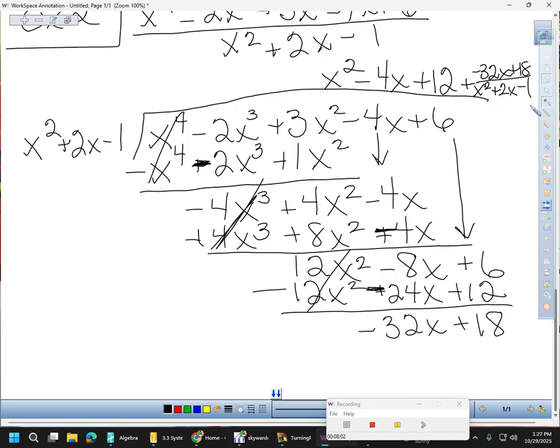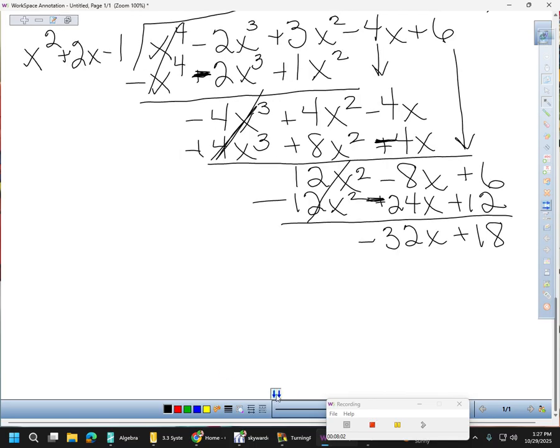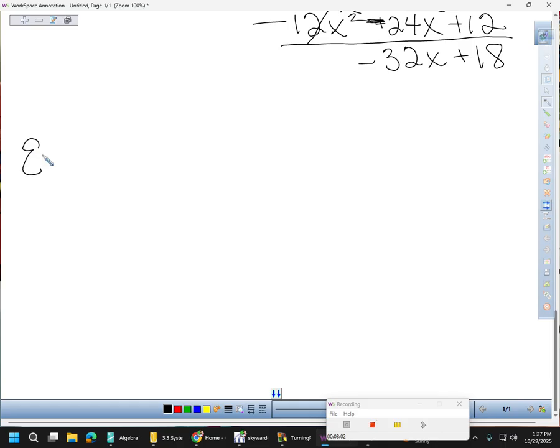All right, now, a couple things I want to remind you of. If there is a term missing, we have to make sure we use our zeros, right? So I want to do one of those very quickly. Remember those from last year? Example number 3.